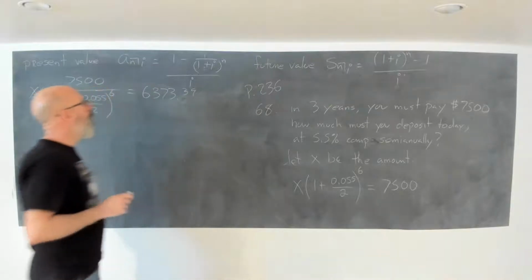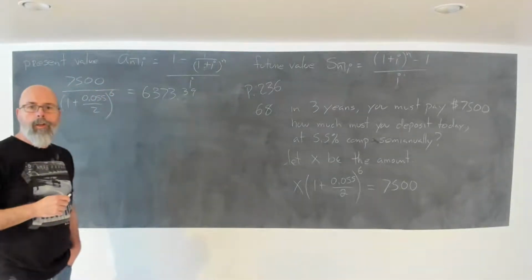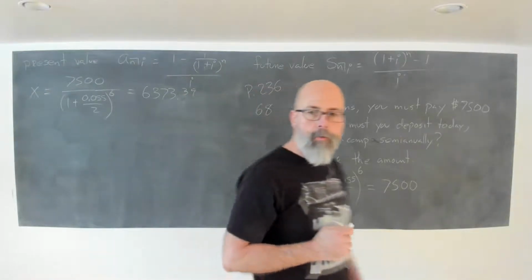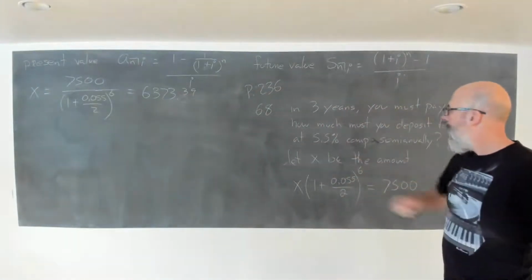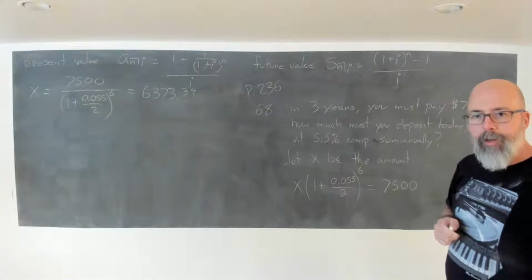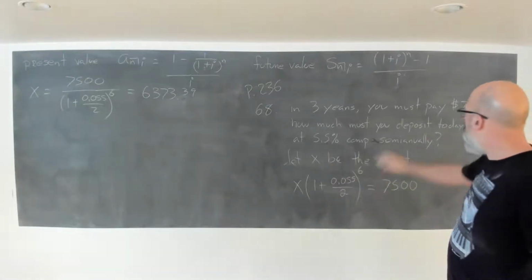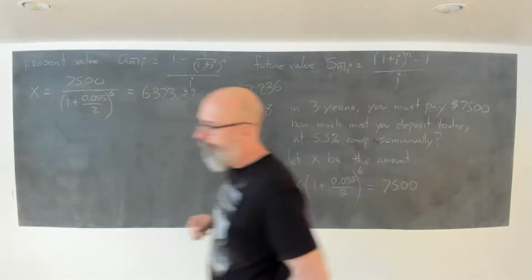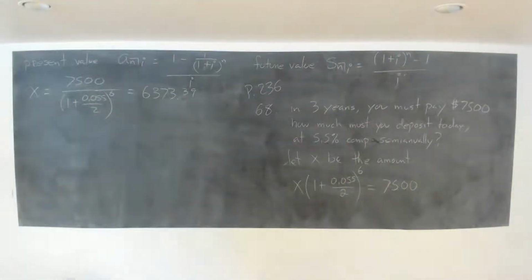Thank you. 6,373.39. If you place that amount in the bank right now at 5.5% compounded semi-annually, in 3 years you will have $7,500. There it is.